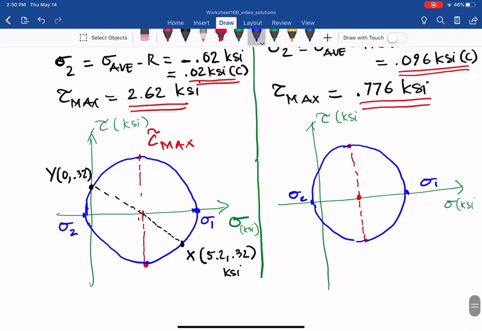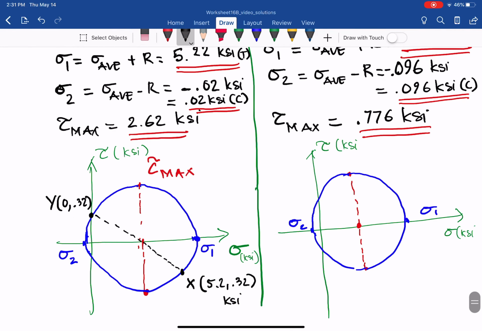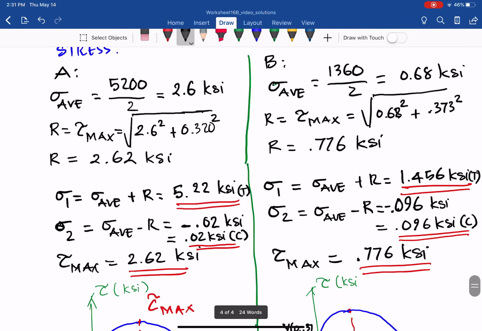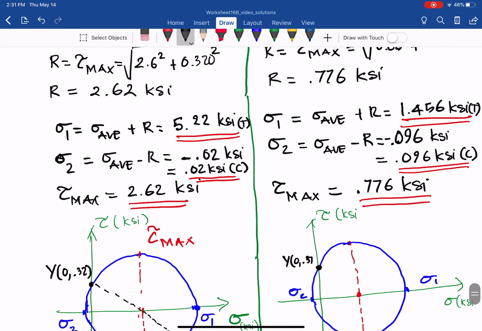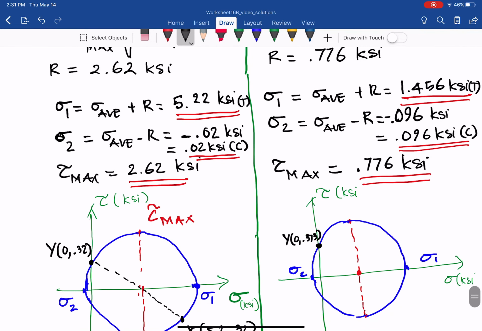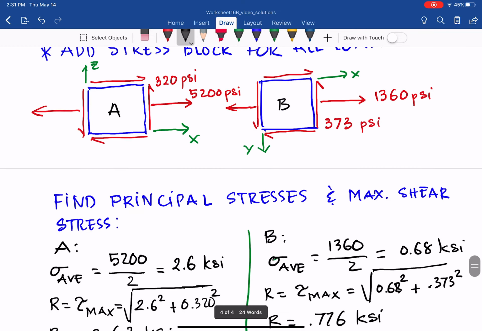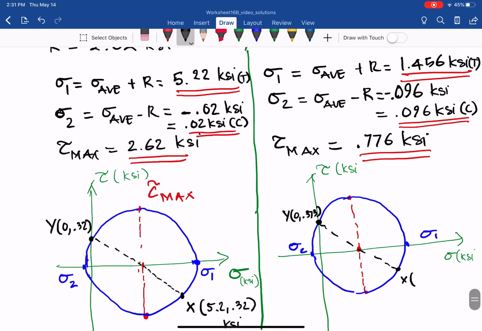So here this will be y, 0.373, and going down here we have point x, which is 1.36 and negative 0.373, and also ksi. So with that, we're done for this problem.